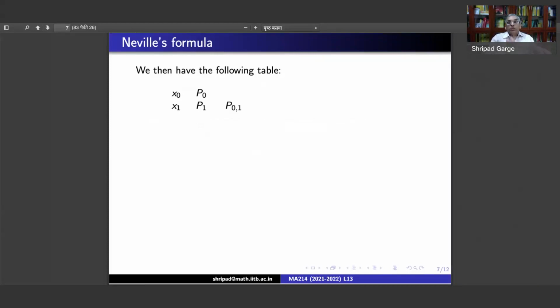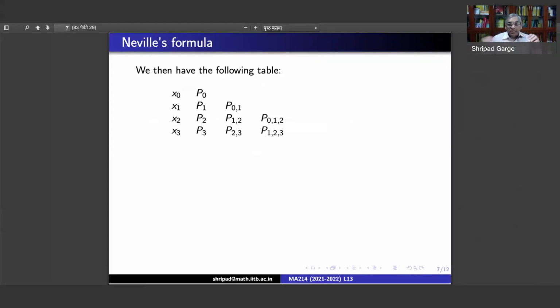Then you have x2, p2, and with p1 and p2 you have p12, but now you have got p01 and p12. So with this, use Neville's formula and you get one more polynomial whose degree will be less than or equal to 2.